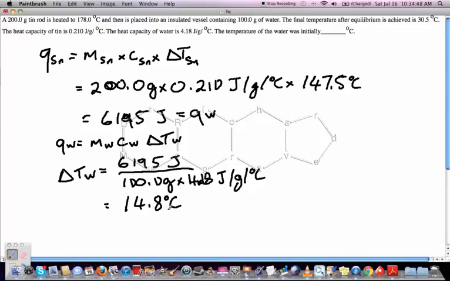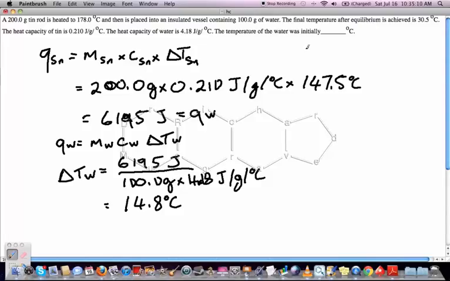Now we've got to figure out what happened to the temperature of the water. Did it initially go up or did it go down? Now we know that the final temperature was 30.5 degrees Celsius. We also know that the temperature of the tin went down, and it went down from 178.0 degrees to 30.5 degrees Celsius.